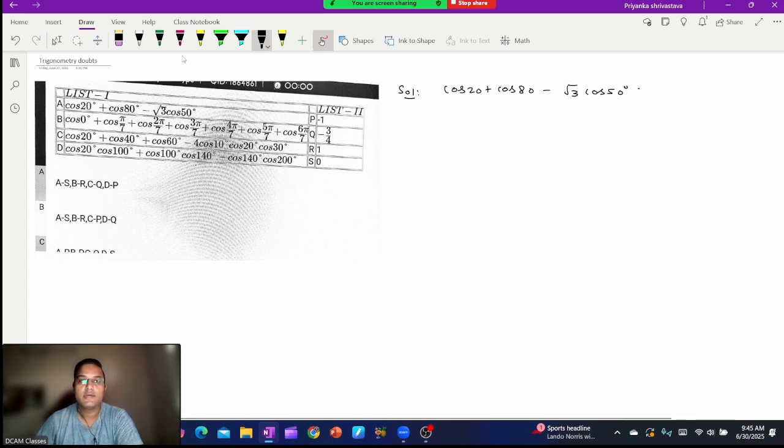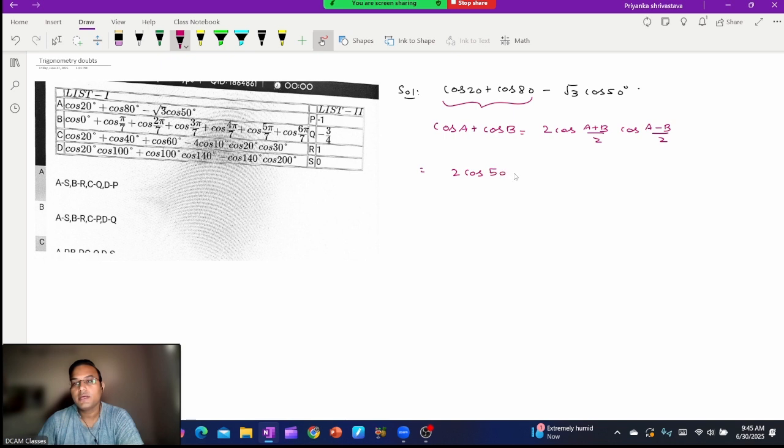What we can do here is apply the formula cos A plus cos B. We know it is 2 cos (A plus B) by 2 cos (A minus B) by 2. So it will become 2 cos 50, since 80 plus 20 is 100 and 100 by 2 is 50, and cos of 60 by 2, which is 30, minus root 3 cos 50.